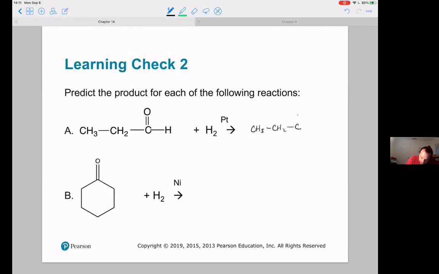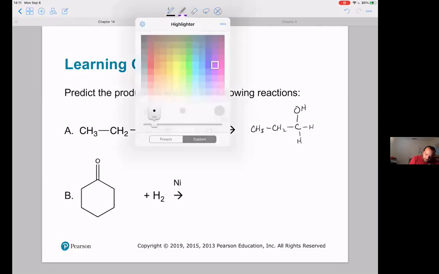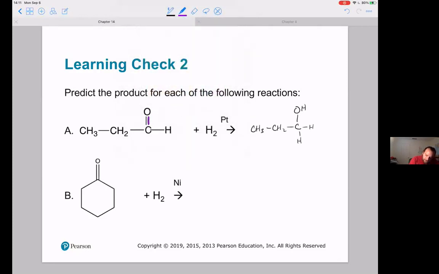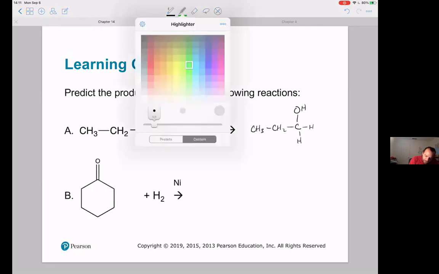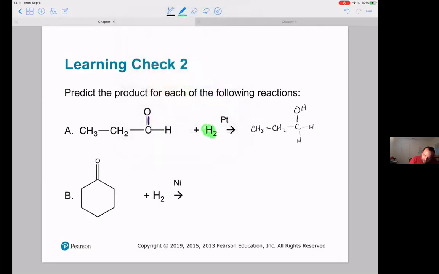The thing that changes is I'm breaking that carbon-oxygen double bond, one of those bonds, and I'm adding a hydrogen to the carbonyl carbon and to the carbonyl oxygen, or what was formerly the carbonyl carbon and carbonyl oxygen. This one we could name. This would be 1-propanol. So I'm going from propanal to propanol.